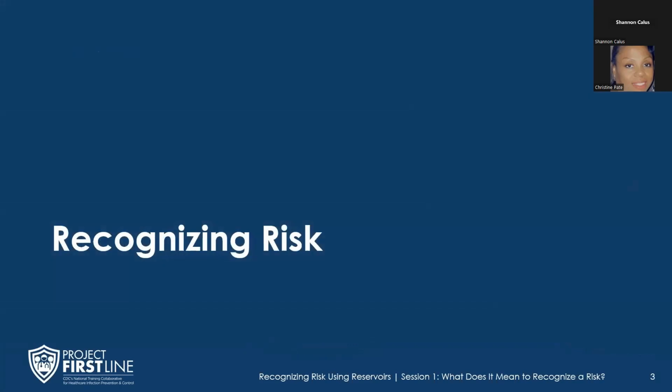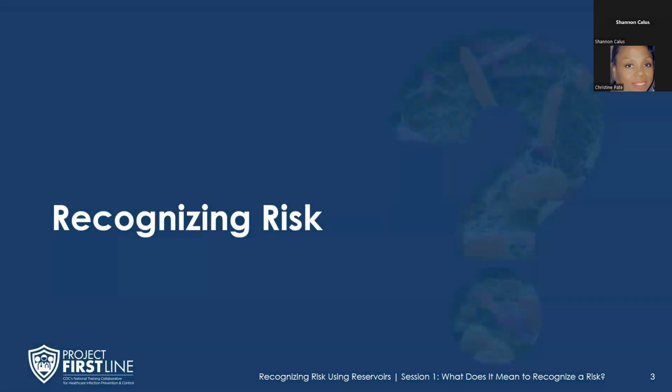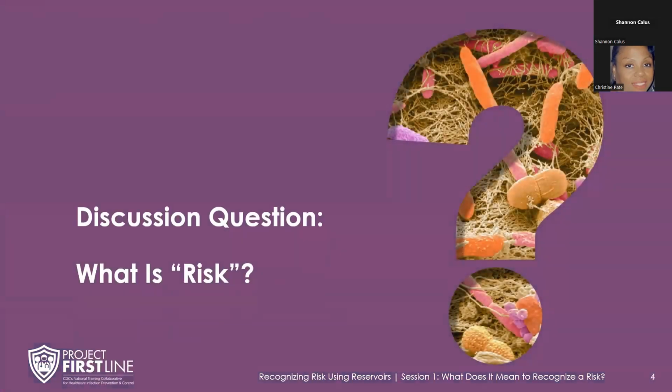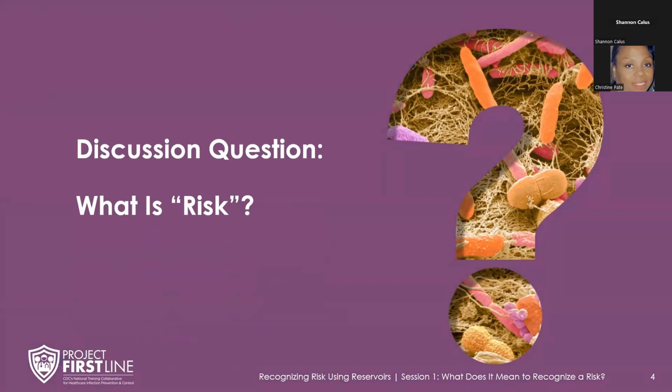So we'll start first with recognizing risk. Thinking about the question of what risk is and how you recognize it, can you think of a time when you spotted a risk at work or at home and you took action to stop something bad from happening?